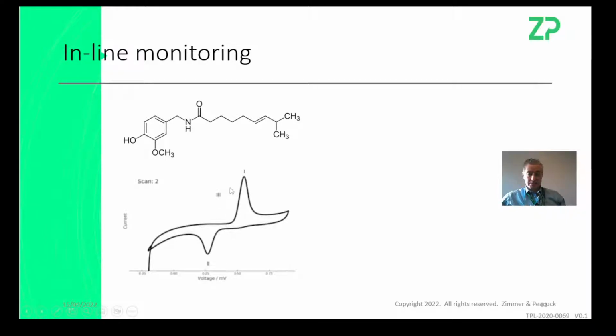I get very distinct peaks. This is an oxidation, this is a reduction, but I have a fingerprint for this molecule. It's in some ways more powerful than techniques people tend to use, like HPLC, because with HPLC in this example you get one peak. In this voltammogram I get two peaks: one because the molecule is oxidizable, and one because it is reducible. So I have more of a fingerprint than even HPLC can necessarily produce.